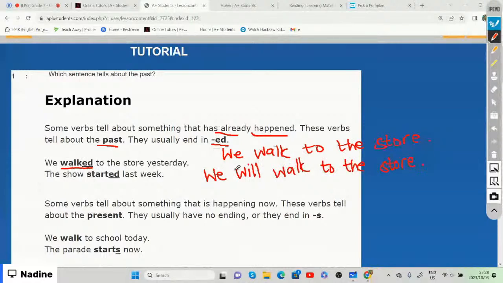So there's an example in the present, in the past, as well as in the future. And remember, we said that the verb tenses tell us about something that happens in the present, that happened in the past, or that will happen in the future.